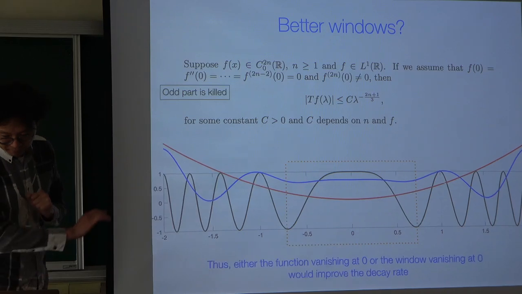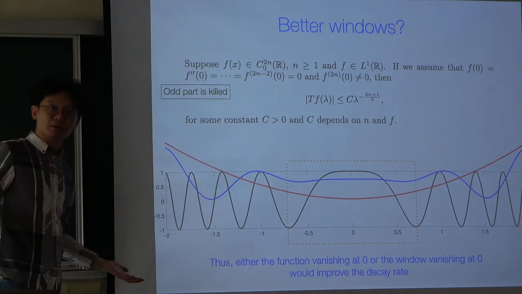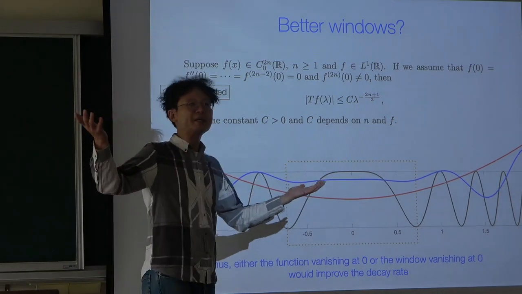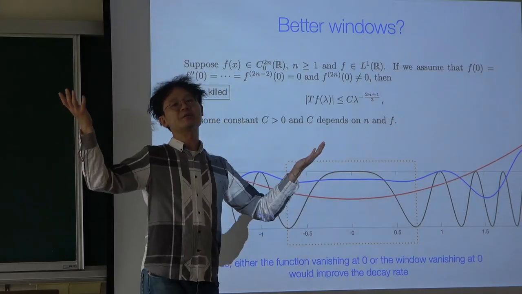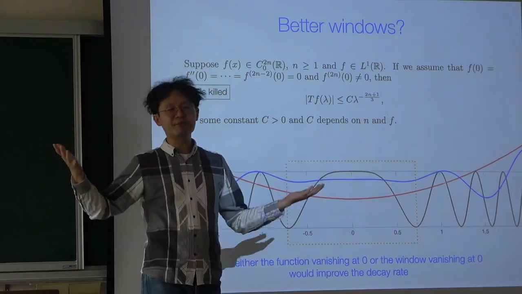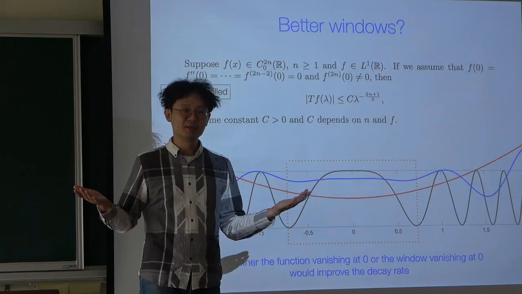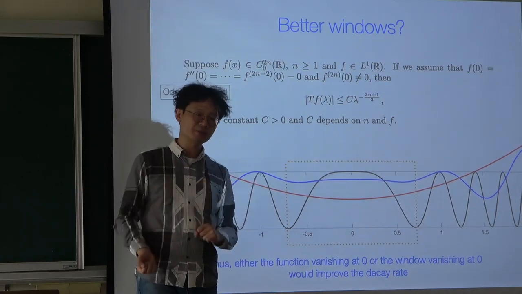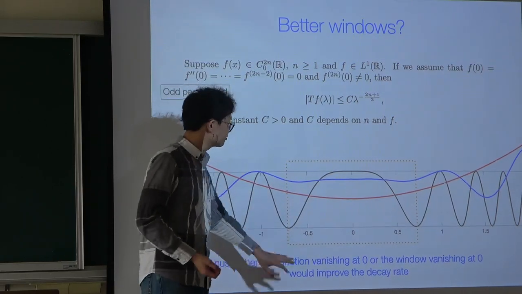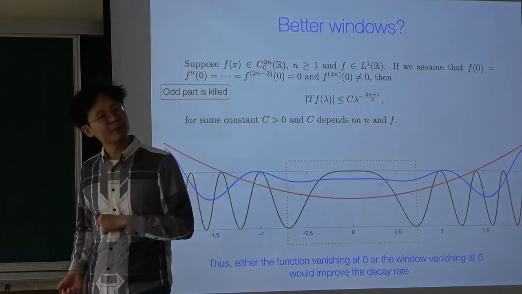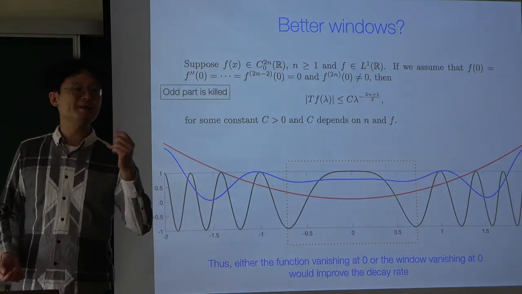Okay? So what can we do? Either the signal is good or the window is good. But the signal usually is given, we cannot change the signal ourselves. So the only thing we can do is change the window, right? So let's consider different windows. And we hope the window to decay, to vanish at 0.